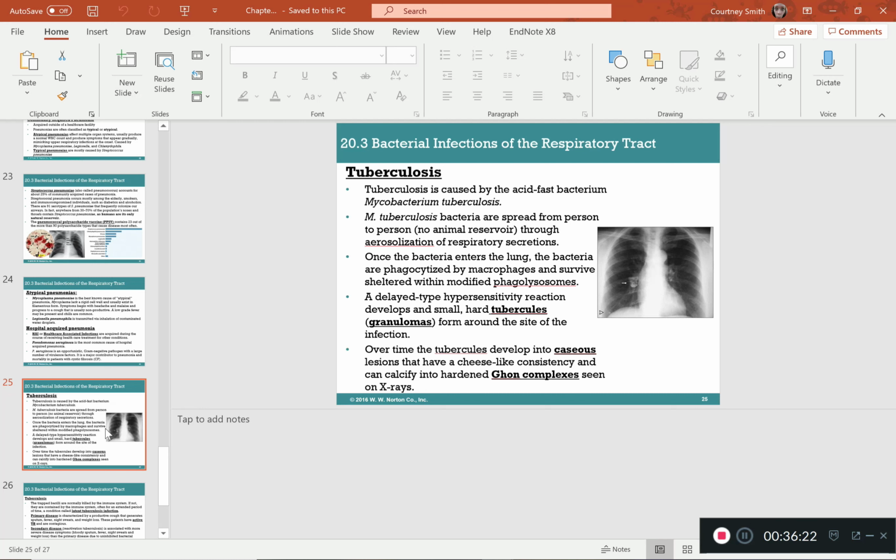But anyway, tuberculosis is caused by M. tuberculosis. It's a bacteria that can definitely spread from person to person, and it spreads because it does not have a reservoir, and it's spread through aerosol droplets. If you have tuberculosis, a lot of times you will have something called Ghon complexes.